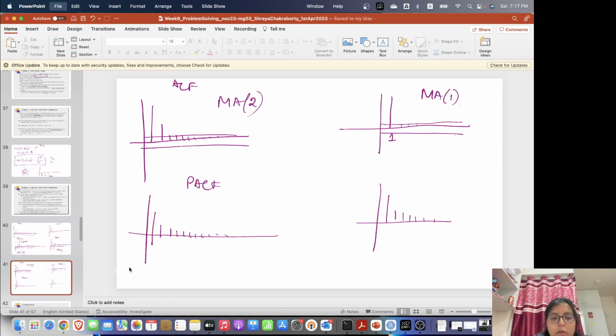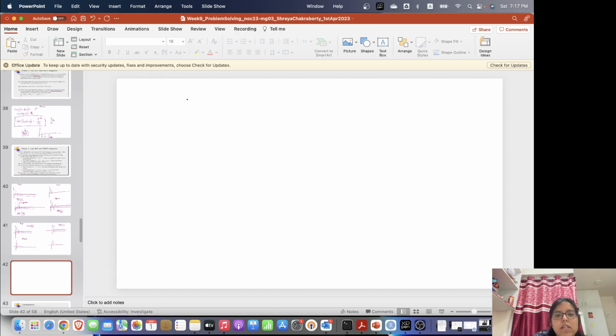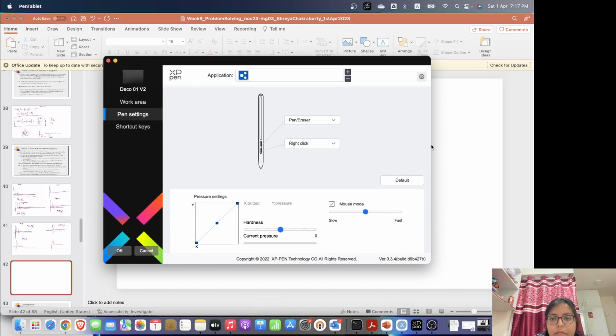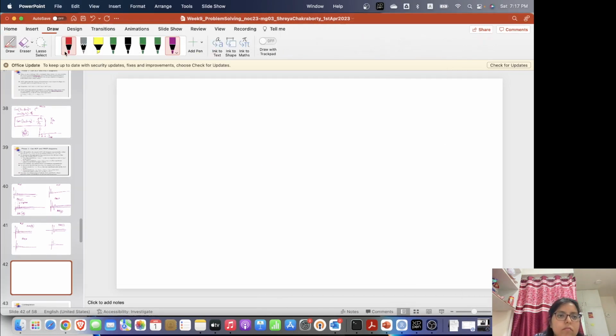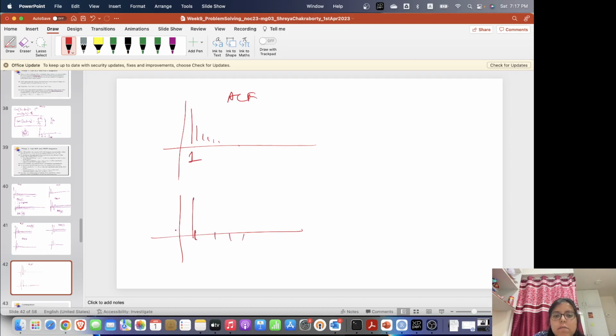But if we have a combination of both, where the ACF is also showing spikes and the PACF is also showing spikes, clear spikes and then diminishing, and the series is not differenced, it is as it is, then maybe we would go for an ARIMA 101 fit.